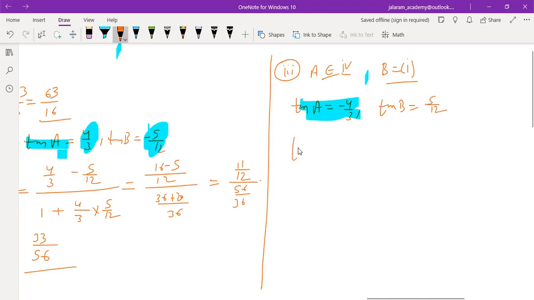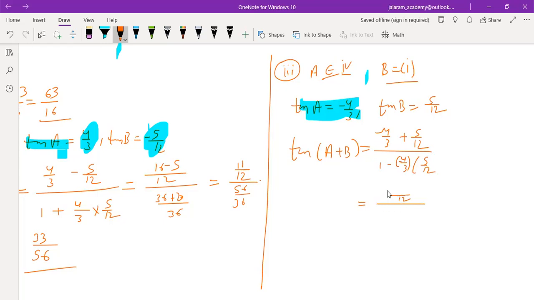So in place of this negative, it will be only 5 by 12. So tan(A+B) is again tan A plus tan B over 1 minus tan A into tan B. LCM of the numerator is 12, so minus 16 plus 5.